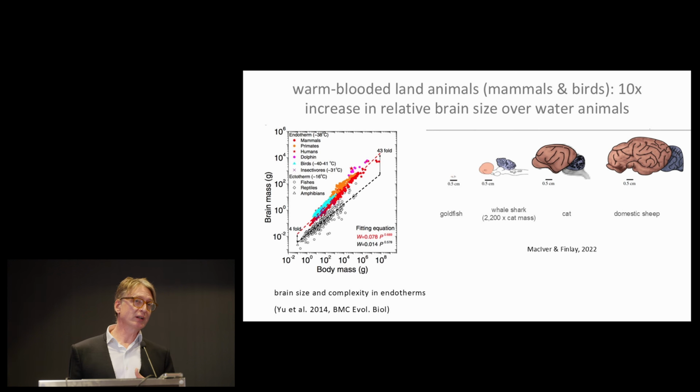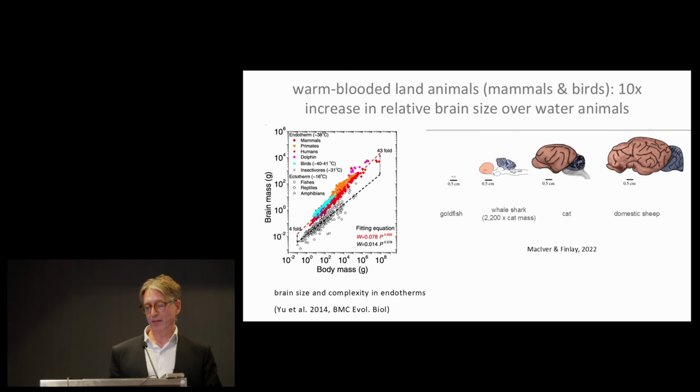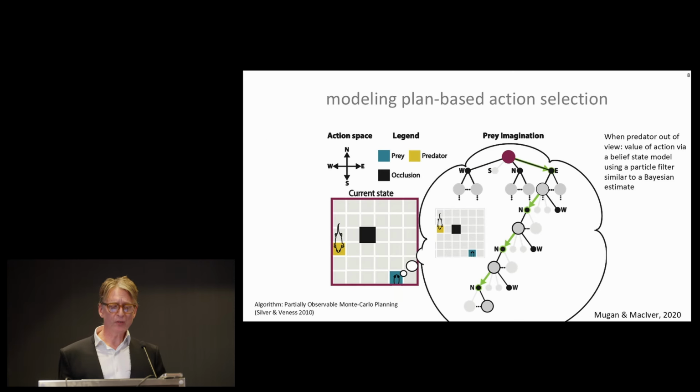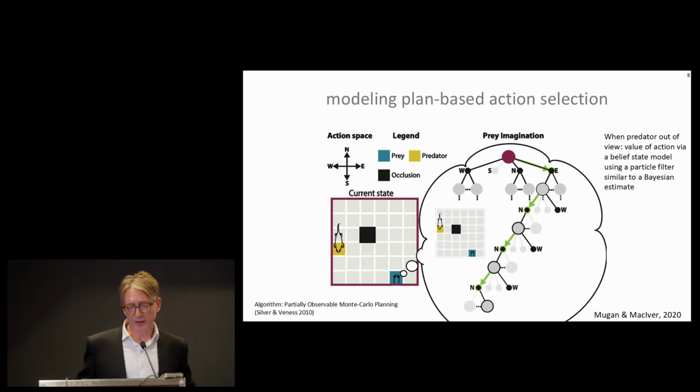Here's a whale shark, 2,200 times the size of a cat. And here's a cat brain. So that tells you at a glance what we're talking about. You can measure this across many different species, and there's no mistaking a big jump in brain size with the warm-blooded animals.